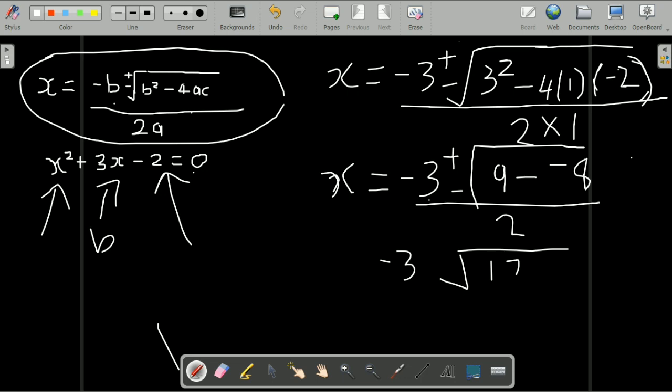Negative 3 plus or minus the square root of 17, out of 2. We continue. So what's the square root of 17? You understand?